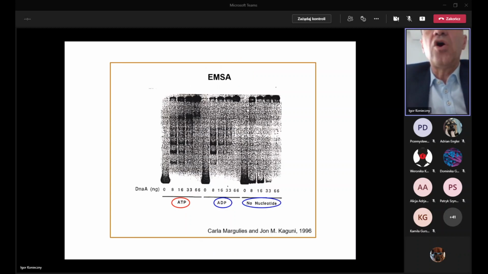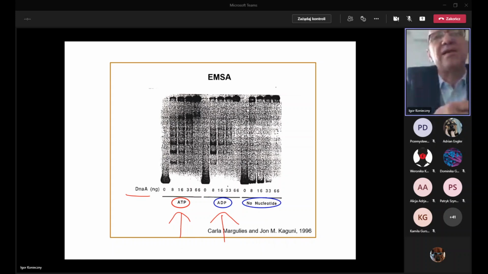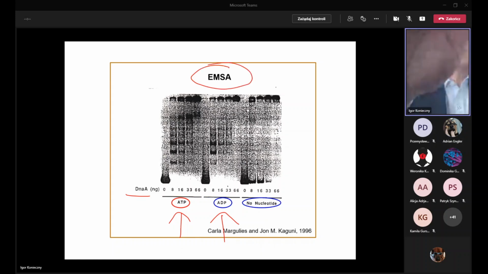Okay, however, it was found that the interaction of the DnaA protein with DNA is nucleotide dependent, and depending on ATP or ADP, you see on the electromobility shift assay that this picture looks a little different.